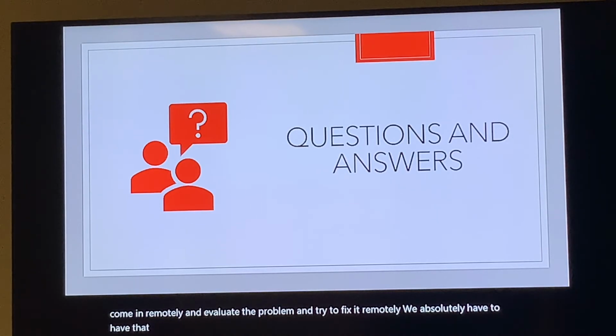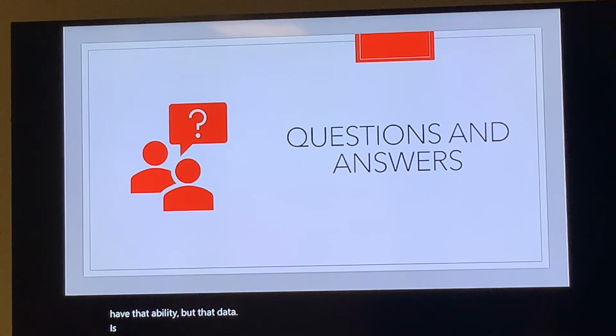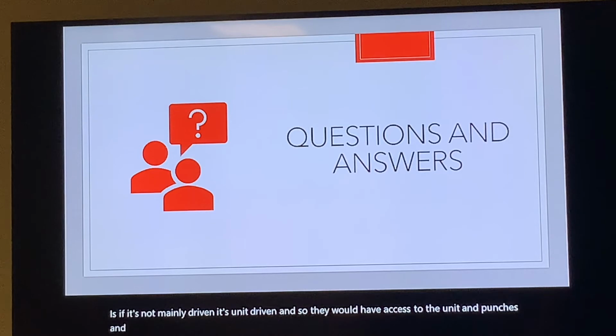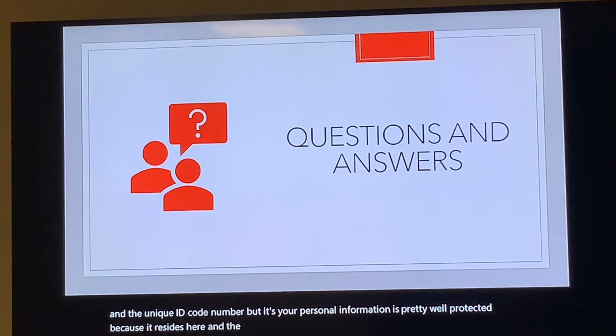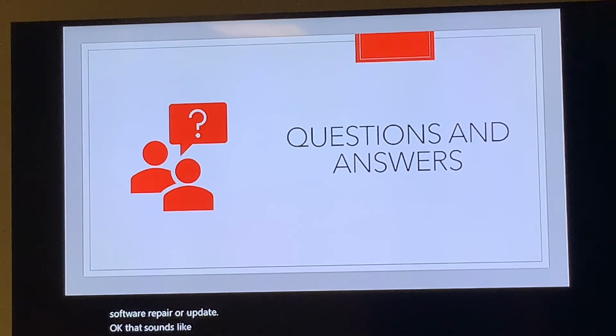But that data is not name driven, it's unit driven, and so they would have access to unit and punches and the unique ID code number, but your personal information is pretty well protected because it resides here, and the only thing they would have access to is through a remote software repair or update. Okay, that sounds like it's going to be all right.